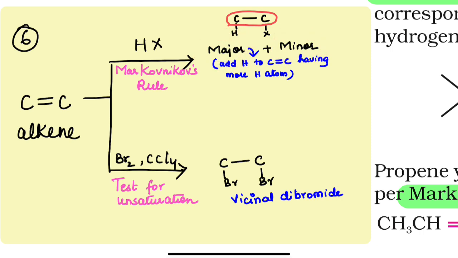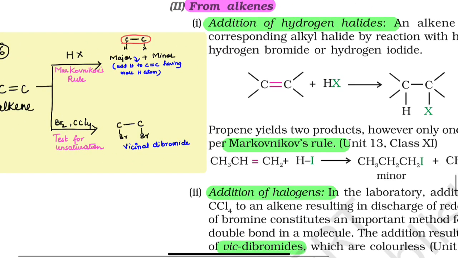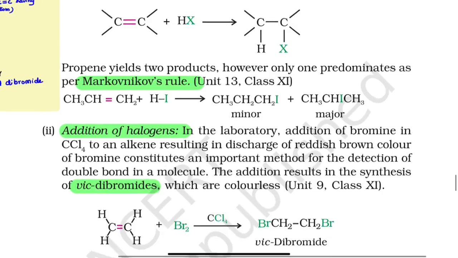So how we are going to find the major product is, always break one bond. Double bond is present, break the double bond, place hydrogen to the carbon containing more number of hydrogen atoms, and halogen you should attach to the carbon containing less number of hydrogen atoms. So example I'll show you.